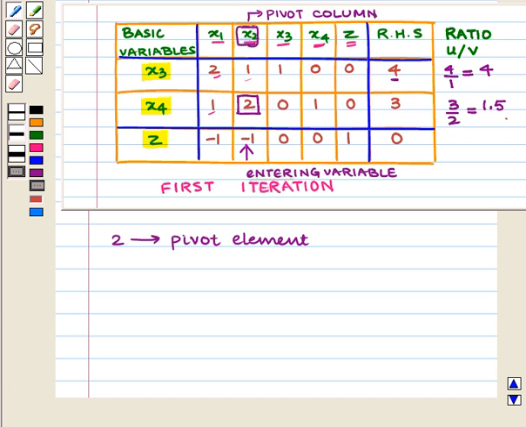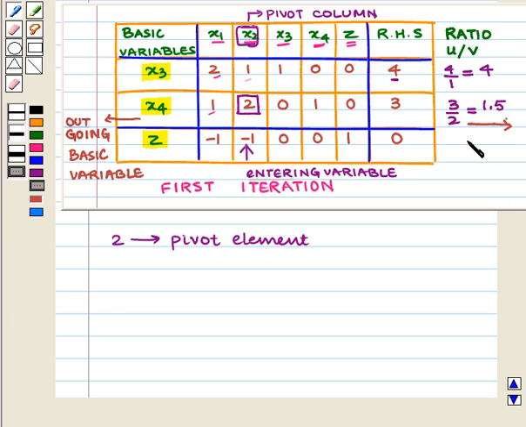Also, the corresponding basic variable to this pivot element is x4. So x4 is the outgoing basic variable. We mark an arrow here.